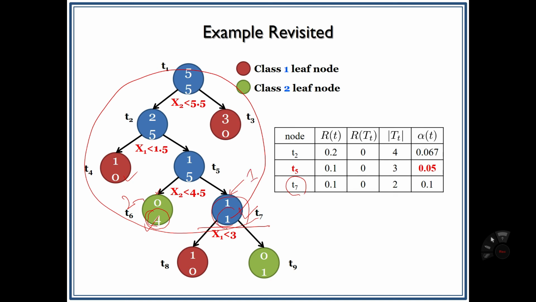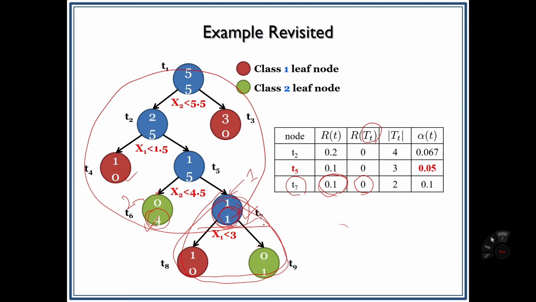So this object will be misclassified, so only one misclassified among 10 data points, the RT becomes 0.1. And how about the misclassified objects by this lower part, T sub T? There are no objects misclassified by this part, so it becomes 0.